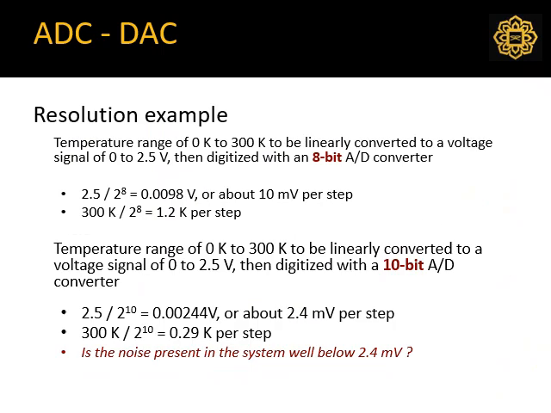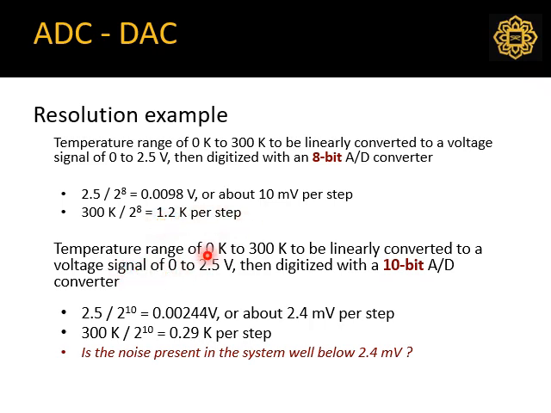Okay. So this is a simple resolution example: the temperature range from 0 to 300 degree Kelvin is linearly converted to a voltage from 0 to 2.5 volt, then digitized with an 8-bit AD converter. So 8-bit means 2.5 volt is your maximum, not 5 volt. So you have around 10 millivolt per step, so 1.2 degree Kelvin per step.